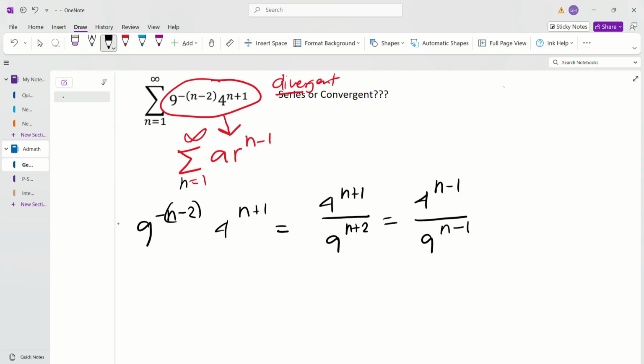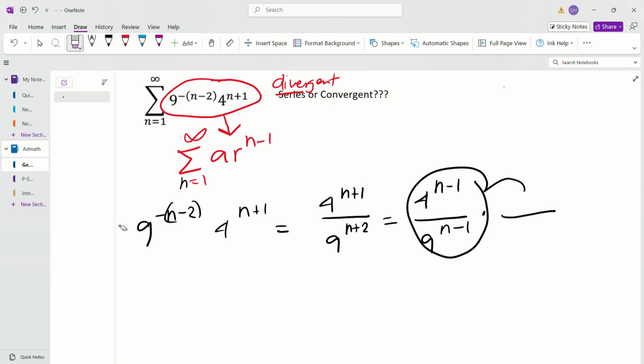Next, to retain the original value, we must find a constant, any value that if we multiply it here, the answer will be this one.